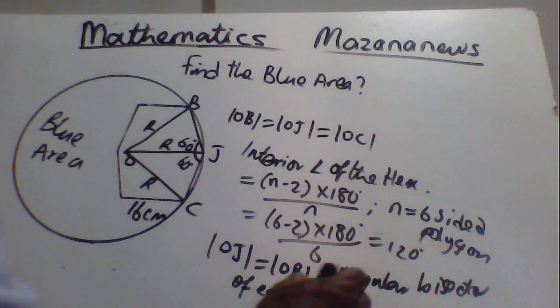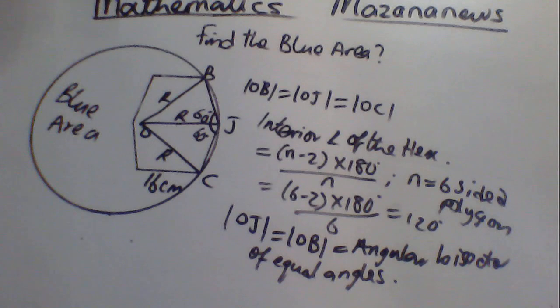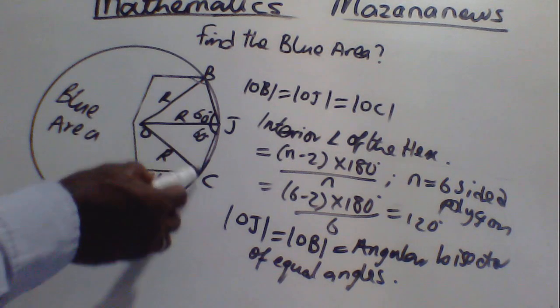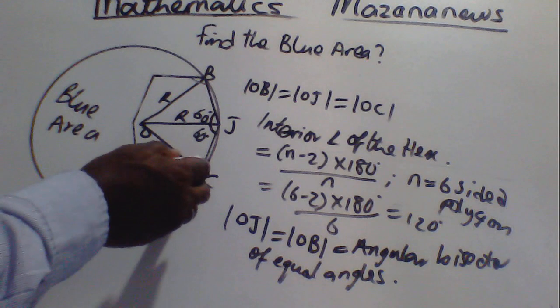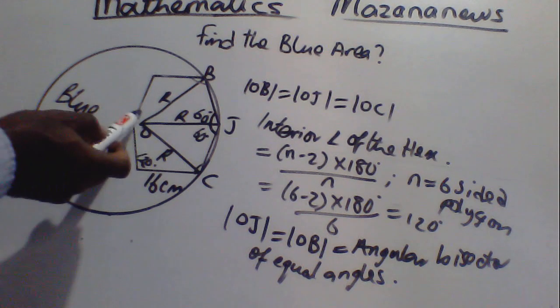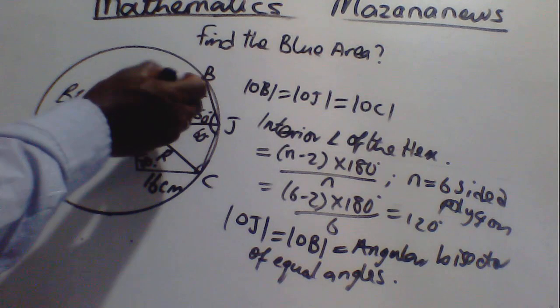Equal angles. Because this total angle is 120 degrees, the total angle of a regular hexagon. Here is 120, here is 120. So OJ and OB bisect it into 60, and here will also be equal to 60.